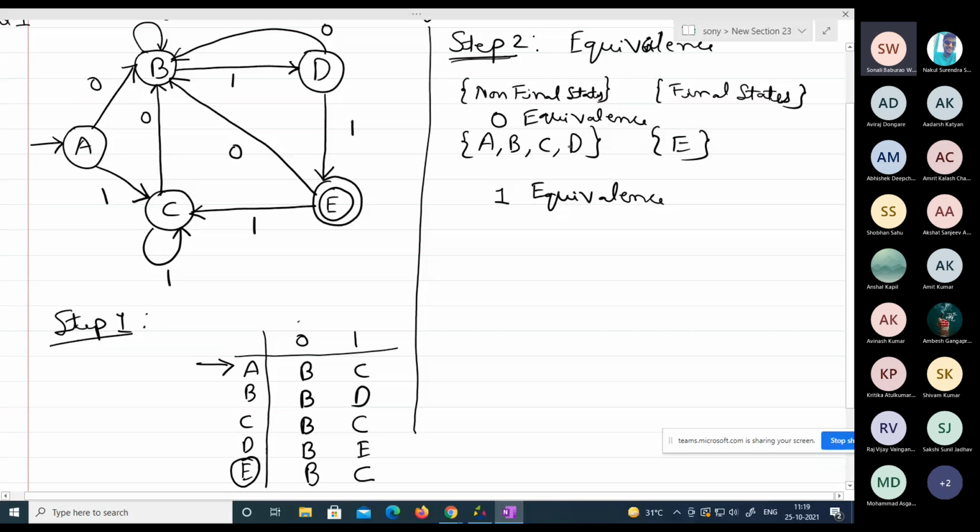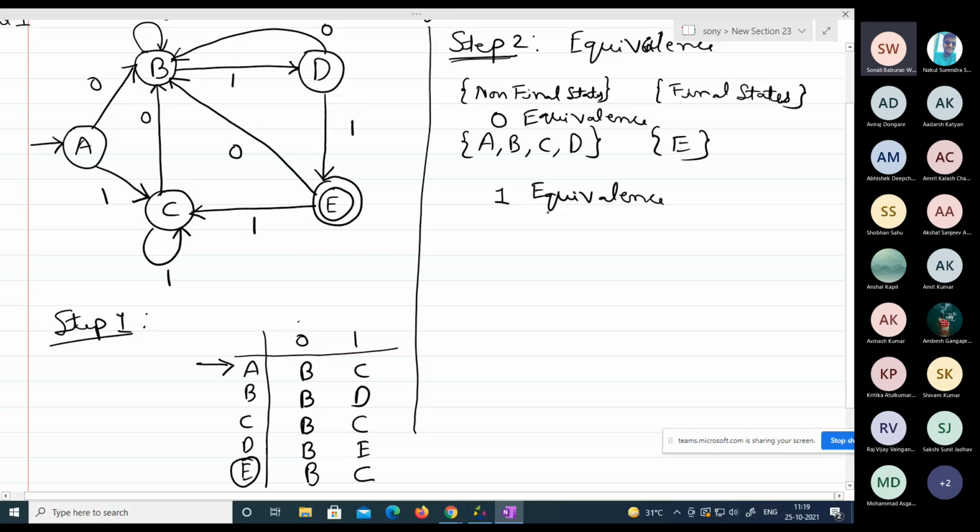They are not the final states, right? And the other group is E. E is the final state. So this is called zero equivalence. Always remember that for zero equivalence, the first step in step number 2, you have to make two groups of non-final states and final states. Okay, is this clear? Yes, ma'am.